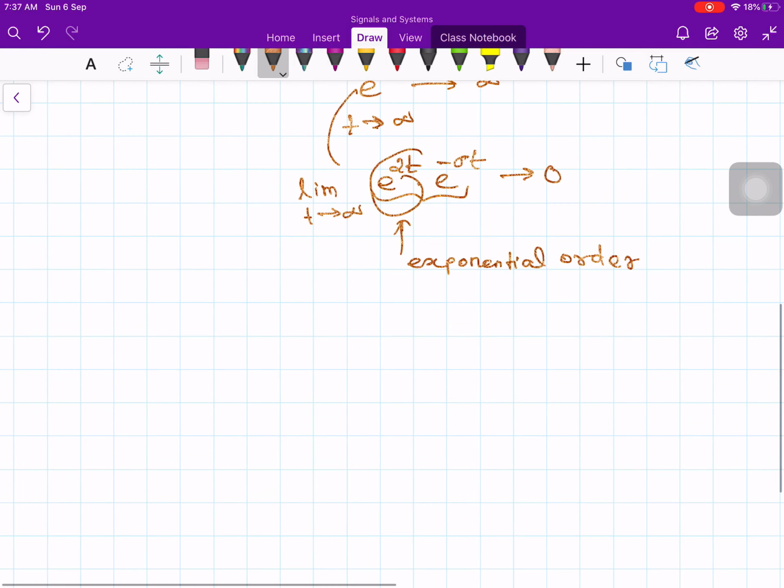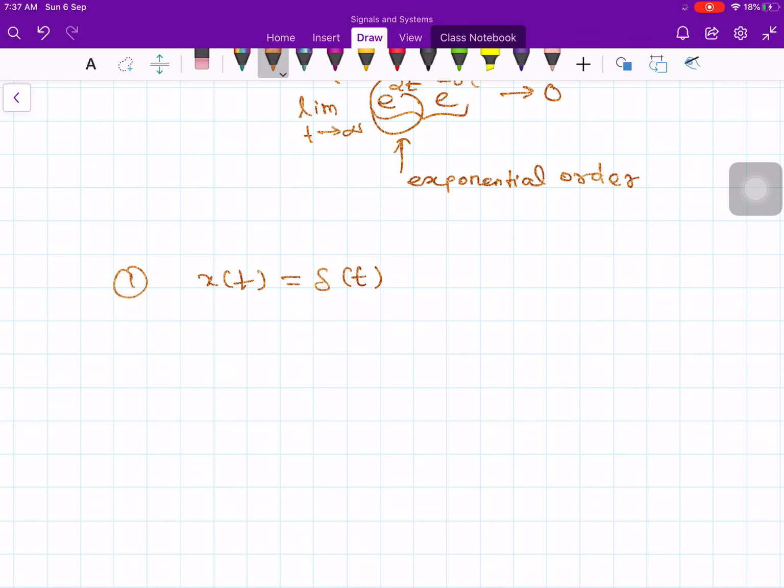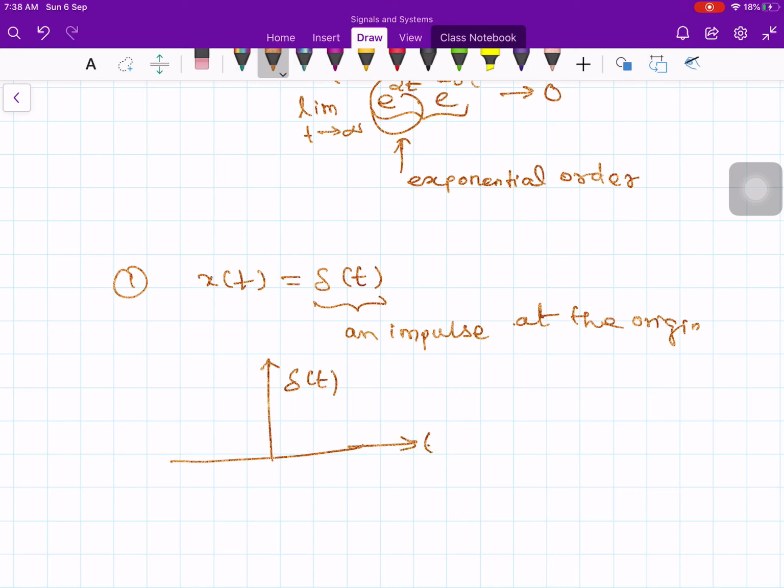To start with, let x of t be equal to del of t. So what is this? An impulse at the origin. If you try to plot it, it looks like this: del of t, and this is t, and here t equals 0.